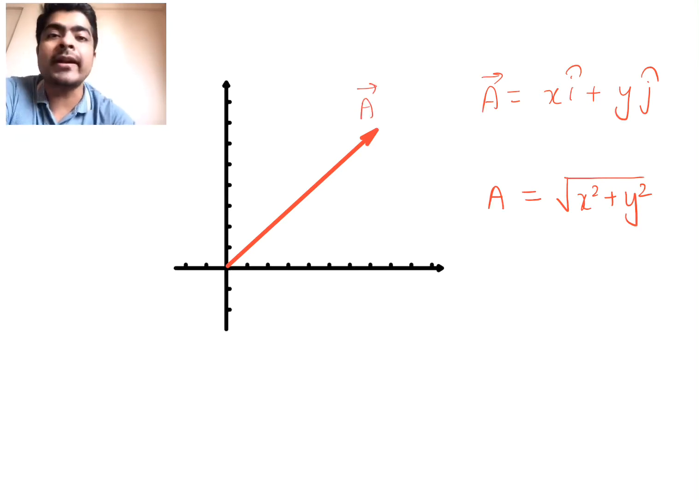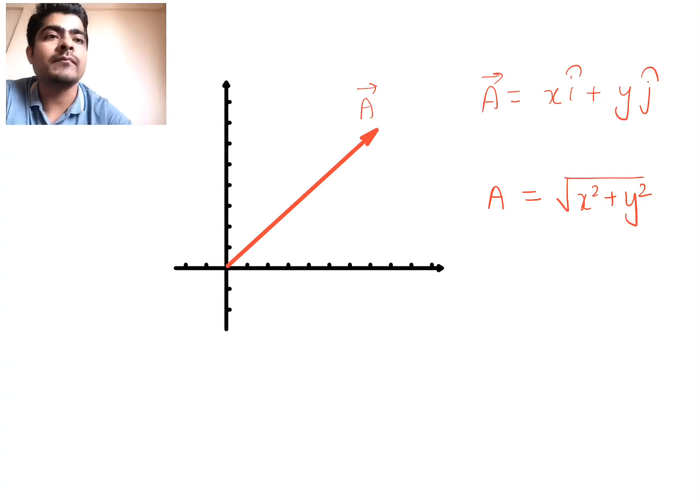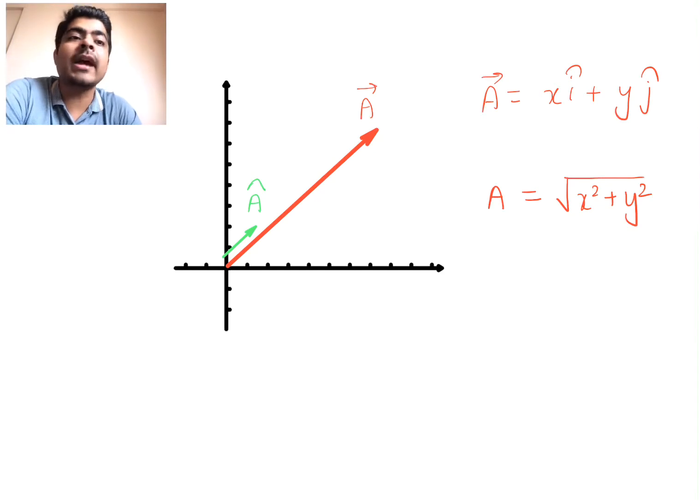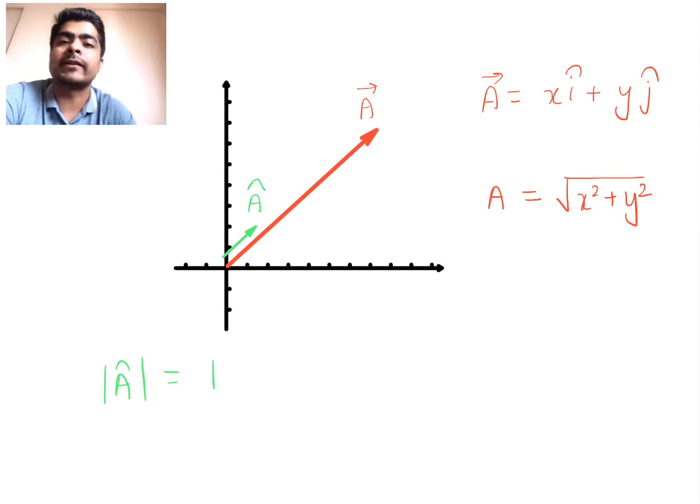Now I want to find a unit vector in the same direction as a vector. So I want a unit vector in this direction. This will be your a cap. So a cap is a vector having direction same as a vector but magnitude equal to 1. Magnitude of a cap will be equal to 1. And in the earlier videos you have learned how to find a unit vector.